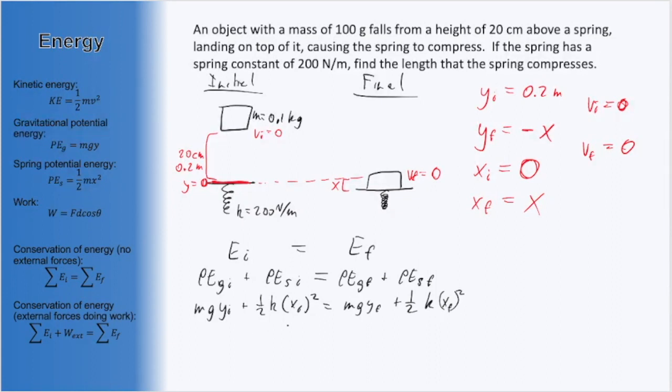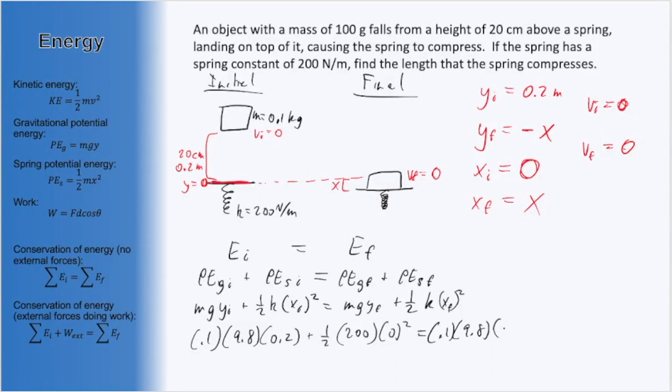Now if we plug in all the numbers we know, mass is 0.1 kilograms, times gravity is 9.8 meters per second squared, times our initial height of 0.2 meters, plus 1/2 times our spring constant, which the problem gives us as 200, times the initially uncompressed spring, so 0 squared, equals mass 0.1 times gravity 9.8 times our final height.